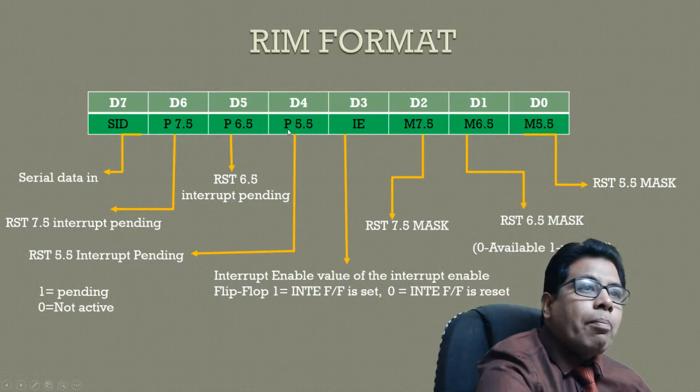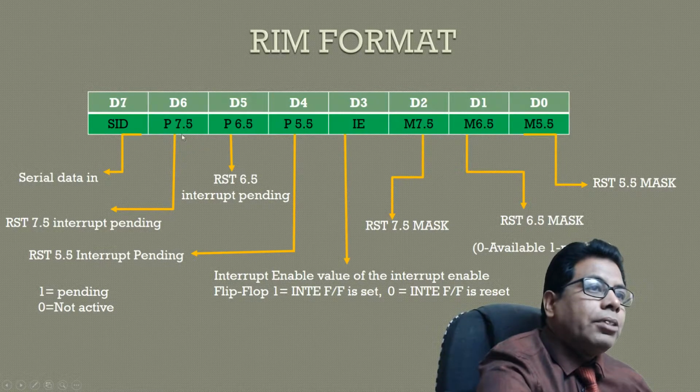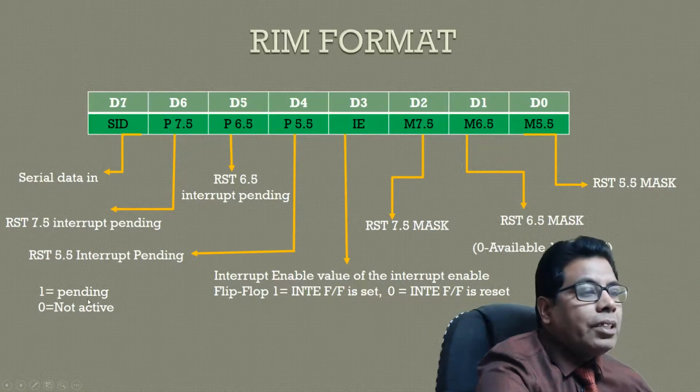Then these D4, D5 and D6 bits are for whether the interrupt is pending or not. This is for 5.5, this is for 6.5 and this bit is for 7.5. If these bits are 1, that means that particular interrupt is pending.